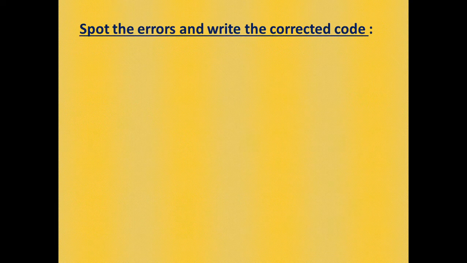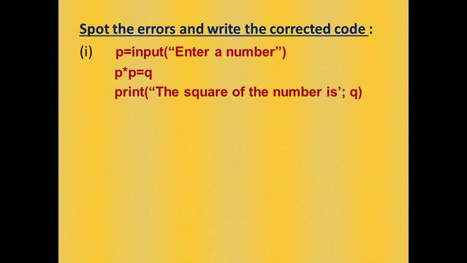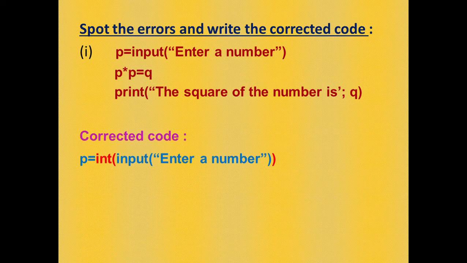So let's try to spot the errors in the given code. See the 3-line code. P equal to input of enter a number, P star P equal to Q, print the square of the number is Q. So I think you can easily find out the errors. In the first statement, int is missing. As it is a number, int should have been included.